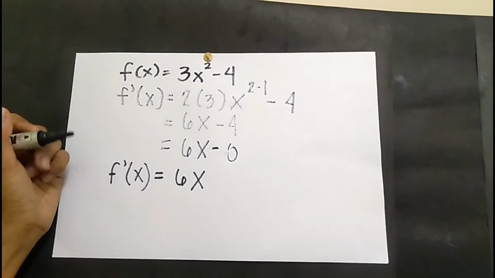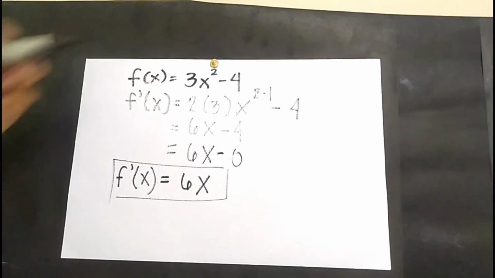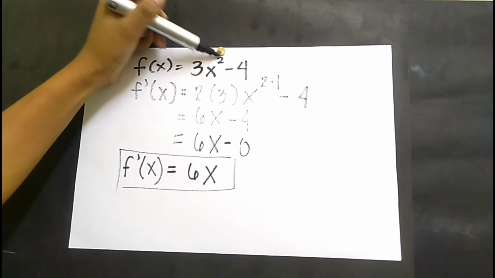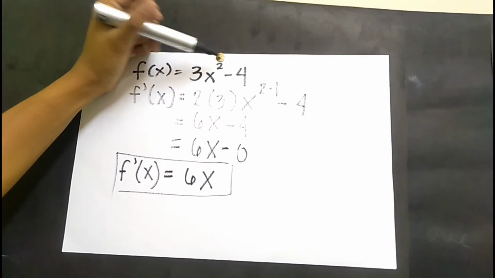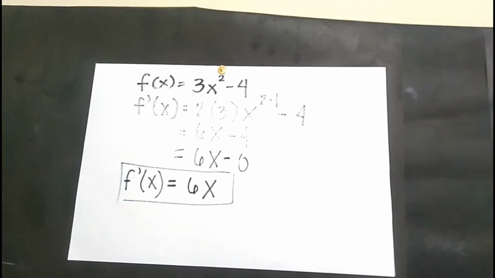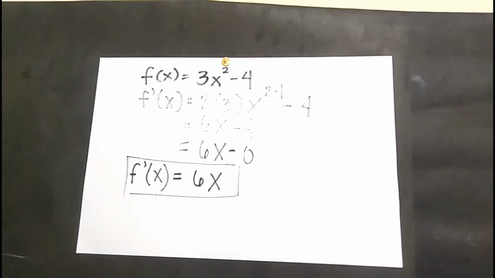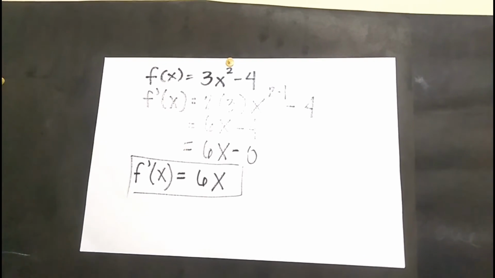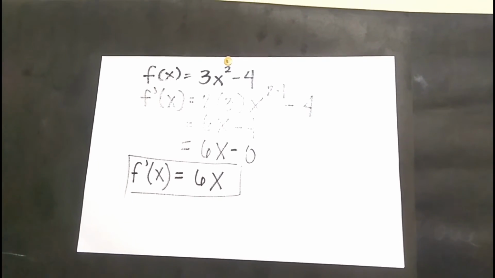You multiply the given power by the numerical coefficient and subtract 1 from the power. It is just simple. So in this formula, we derive the same answer, which is 6x, as in the process given earlier. So which will you choose? The shorter one or the long one?